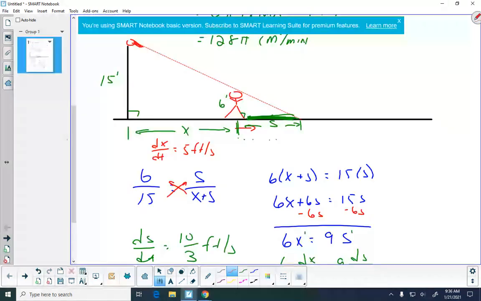They're asking how fast the tip of the shadow is moving when he is 40 feet from the pole.